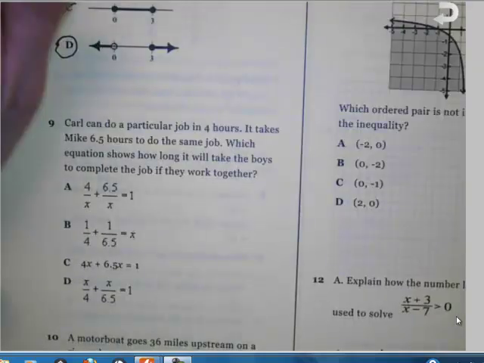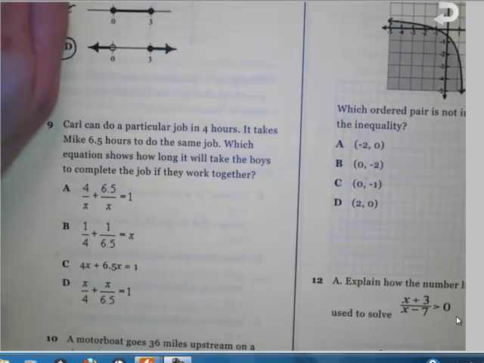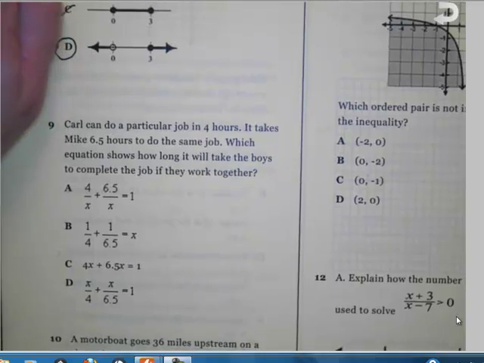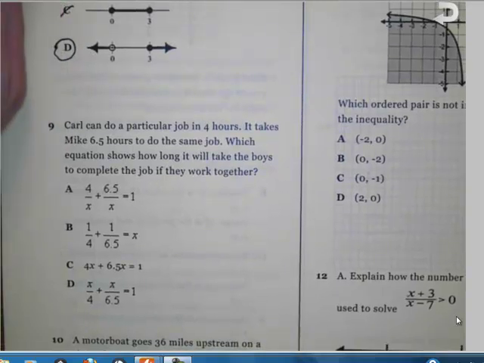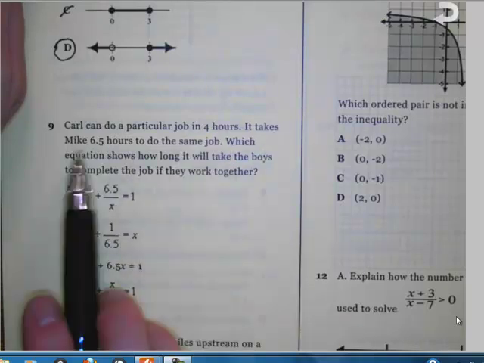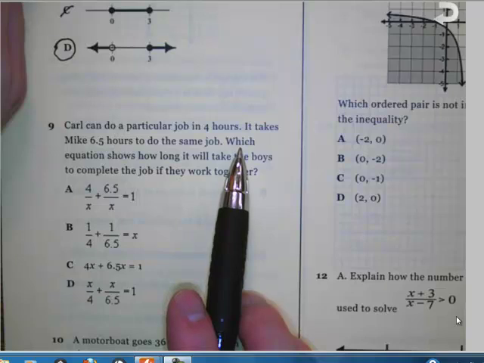Now, for number 9, it's a very similar problem to the open response question with the bathtub, except x is going to be the moment in time. Now, in this case, it takes Mike 6.5 hours to do the same job as Carl.